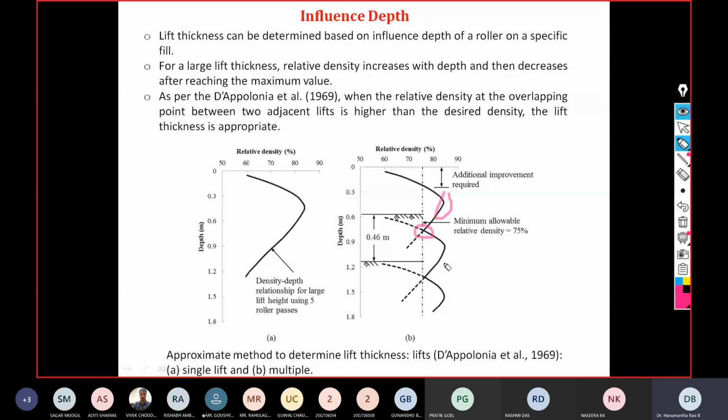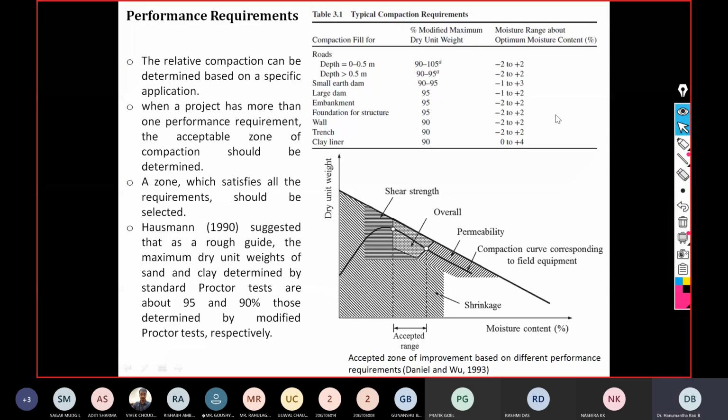Now, another important thing is how to ensure whether you are achieving the performance or not. When you talk about compaction, it modifies the engineering property of a soil. When you do the compaction, its shear strength increases. When shear strength increases, the bearing capacity increases.